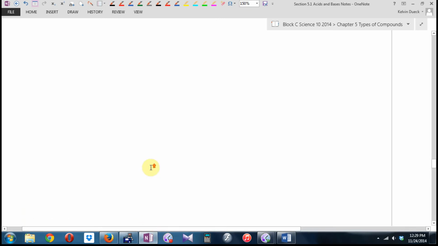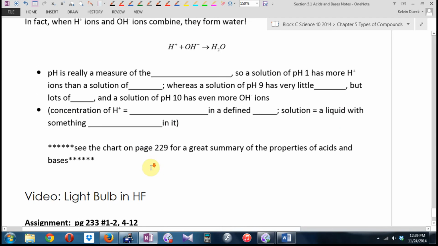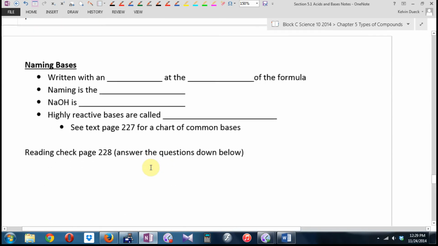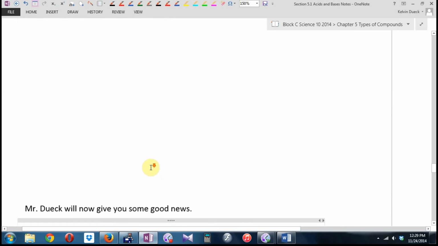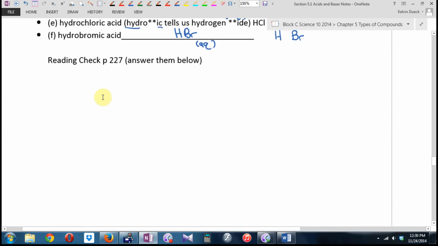In fact, let's see, how much more do I have to cover here? Production of ions. Before I turn you loose on the reading check here, let's get to naming bases. Oh, you know what? Actually, here's what I want you to write.